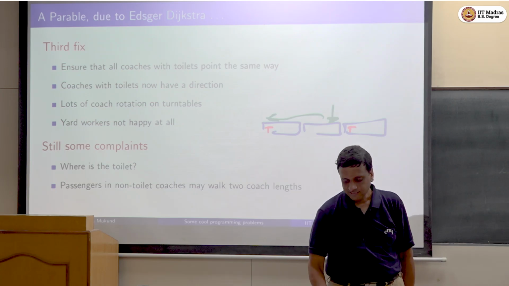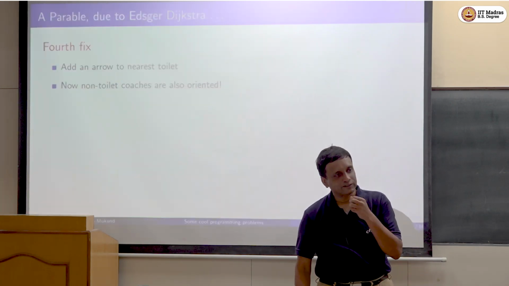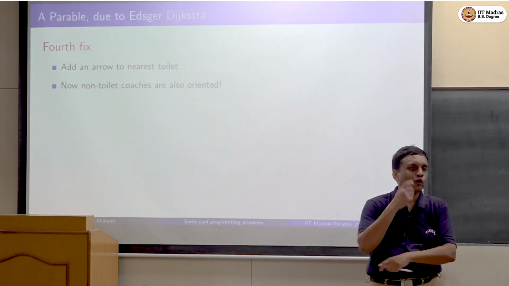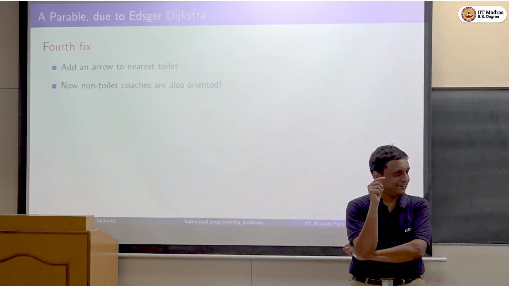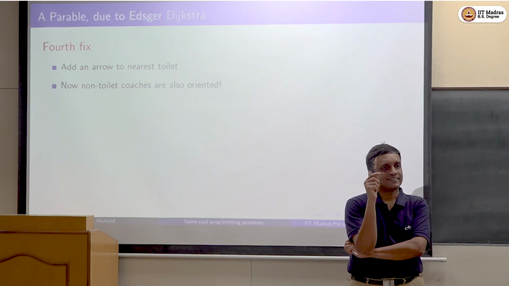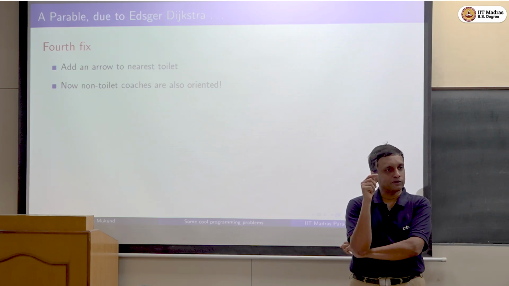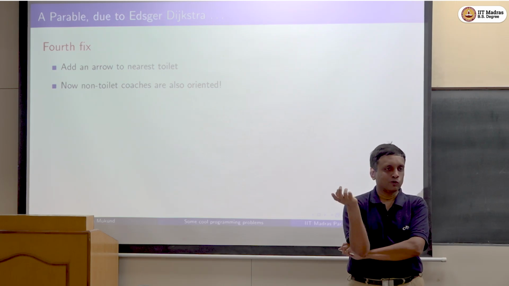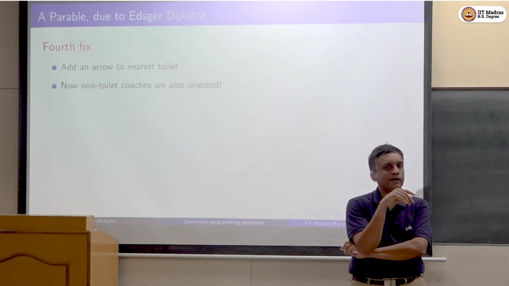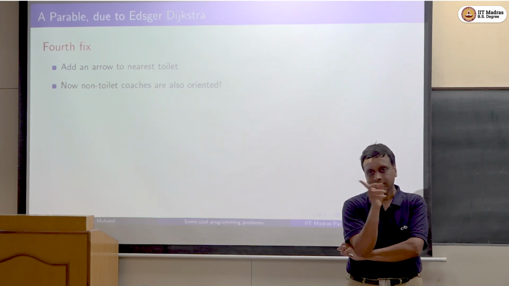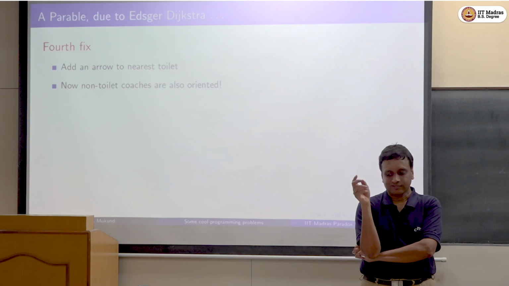So guess what? Then inside each non-toilet coach, you have to say this is the nearest toilet, at each end. So now this has a further problem because your toilets are oriented, and your non-toilets are also now oriented because they have to be pointing towards the nearest toilet.